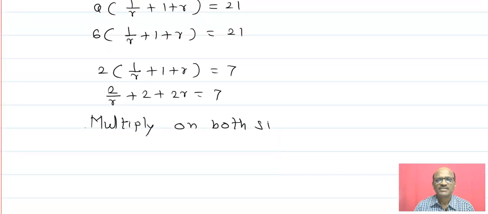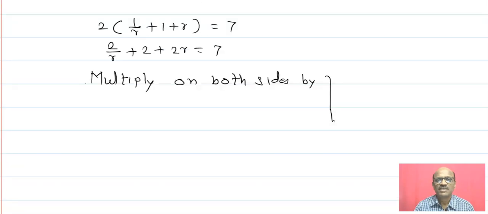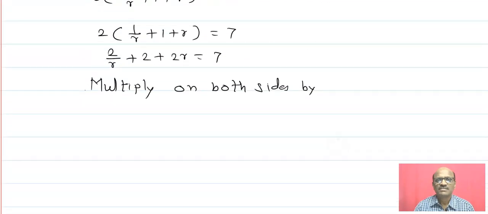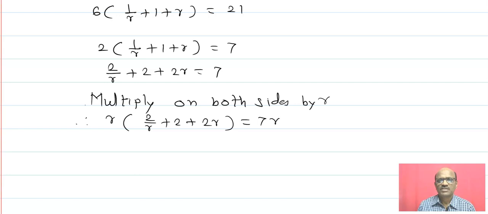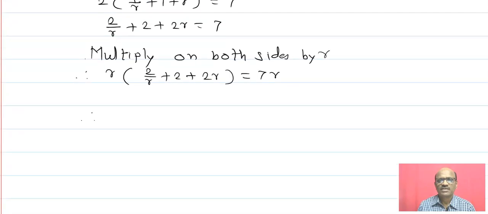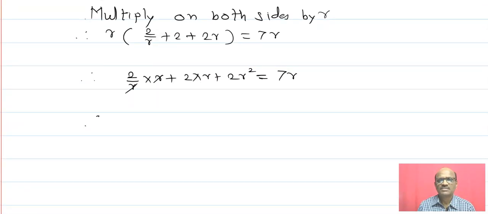Therefore, you will get, multiplying both sides by r, r in bracket 2 upon r plus 2 plus 2r is equal to 7 into r. That's why you are getting r into 2 upon r, plus 2 into r, plus 2r square, that is equal to 7r. r gets cancelled.